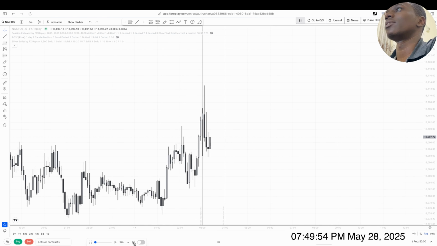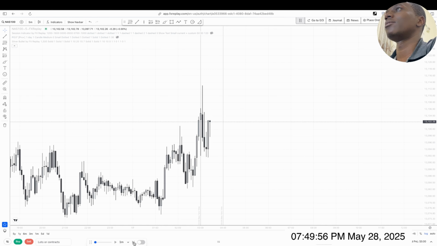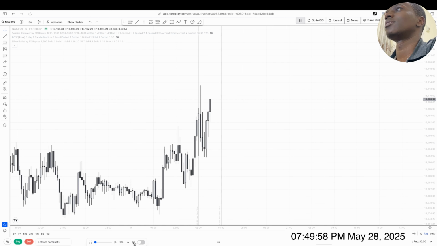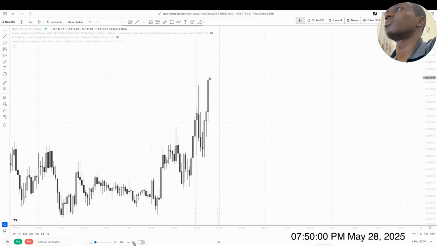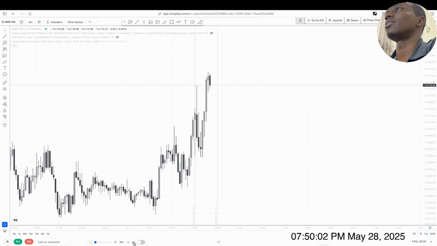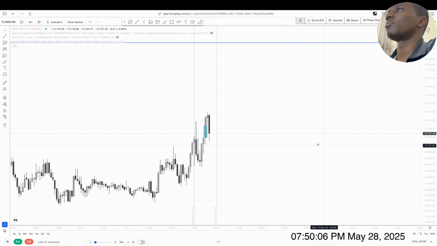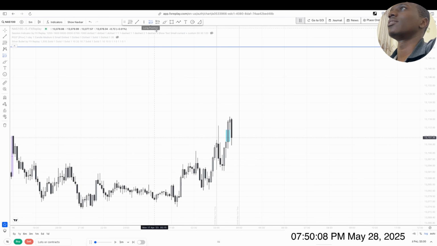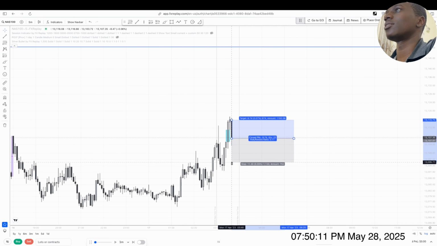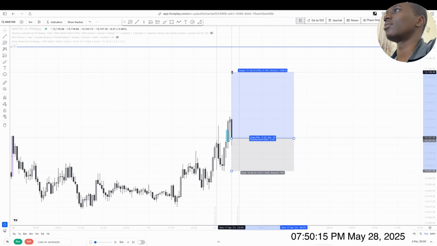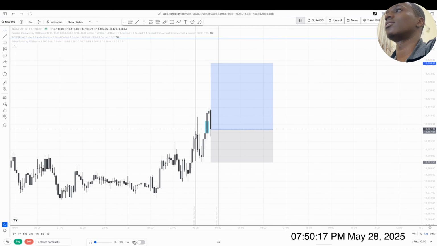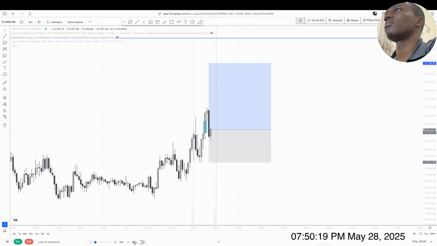So it looks like we are still in the fair value gap. Let's see if it gets retested and we enter into the gap. Keep in mind we're in the 5 minute, so we enter here, stop loss right here, and our 1 to 2 will be near the liquidity level. Let's see if this one goes to TP.